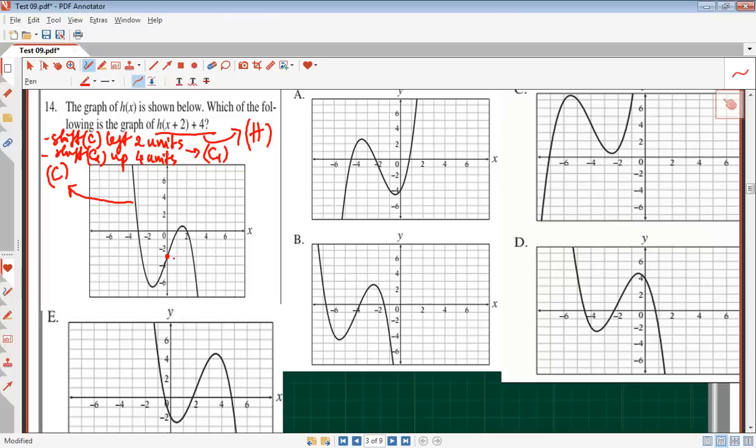Exactly, it is the symmetric point of the graph. We will move this point left 2 units become this point, and we continue to shift up 4 units become this point. And this point is (-2, 1).